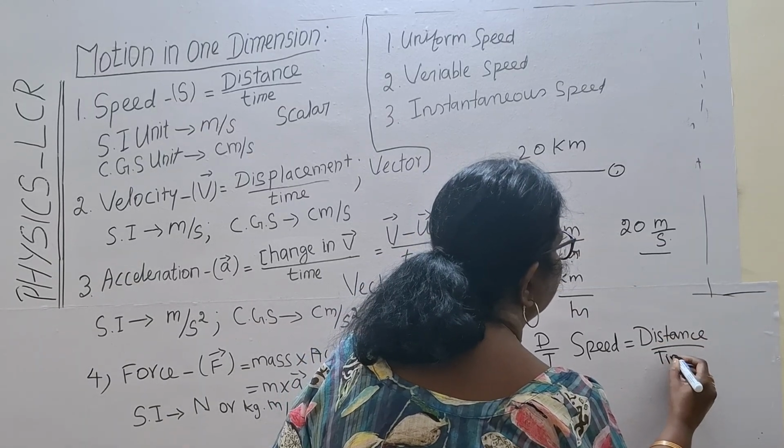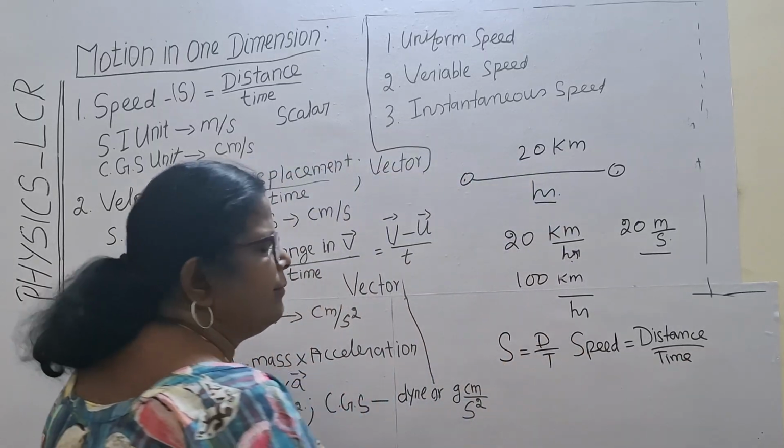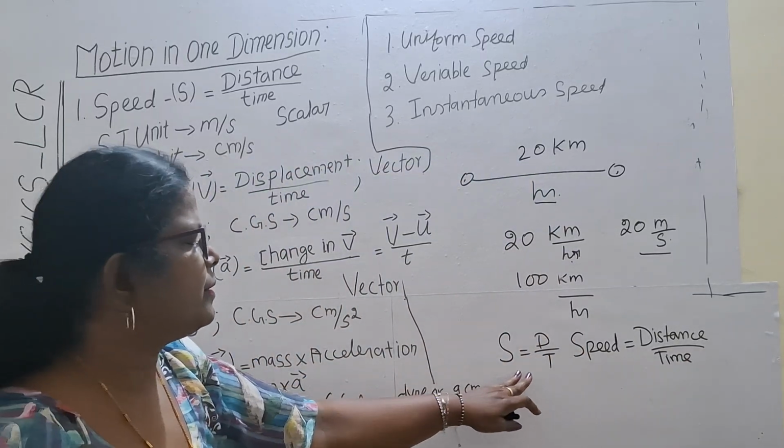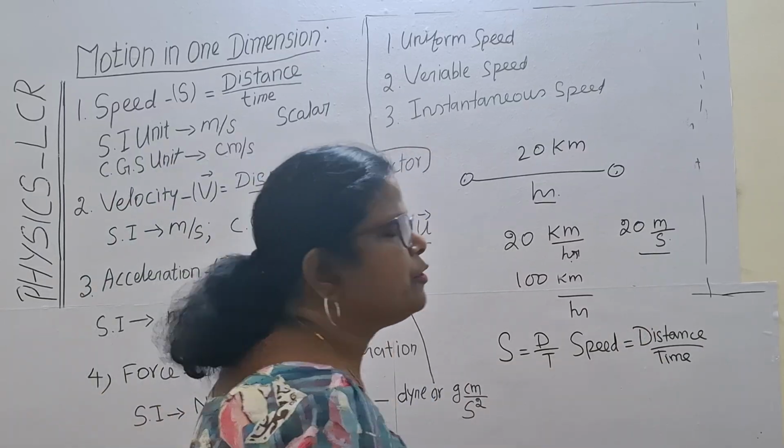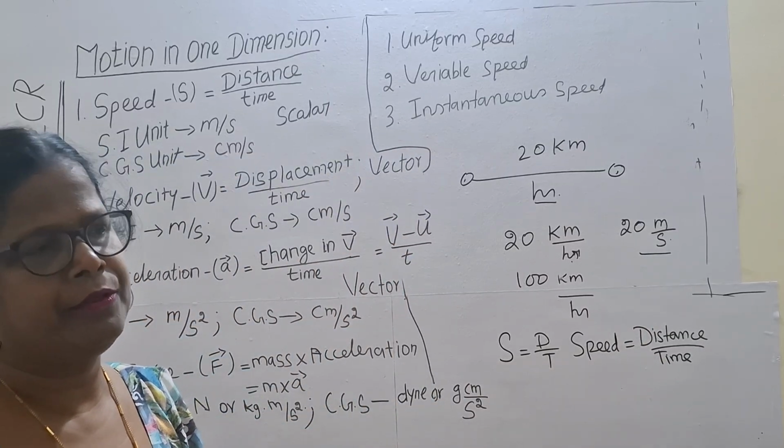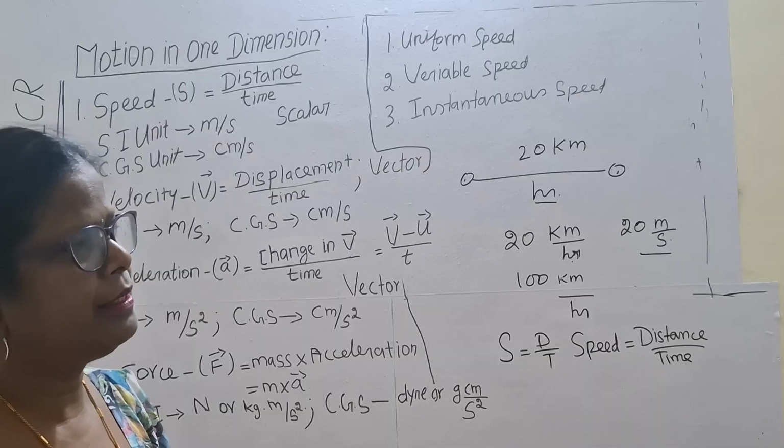We cannot use such short forms, so you have to write the full form. Speed equals distance by time.